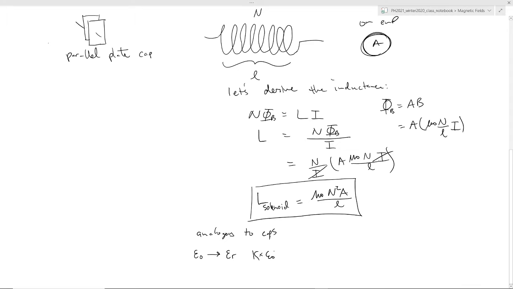You can do the same thing with an inductor, where rather than the permeability of free space, this could go to some relative permeability, some factor times mu naught. And this is the enhancement that you get from adding something like an iron core.